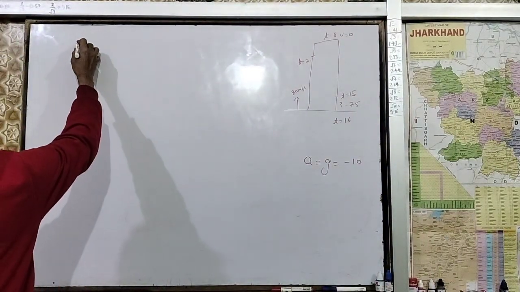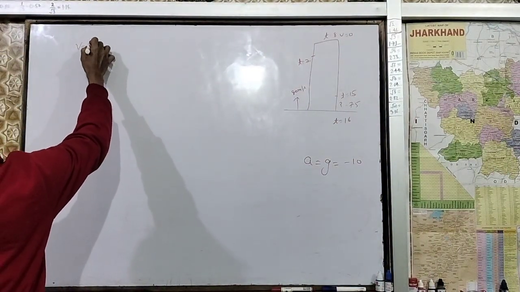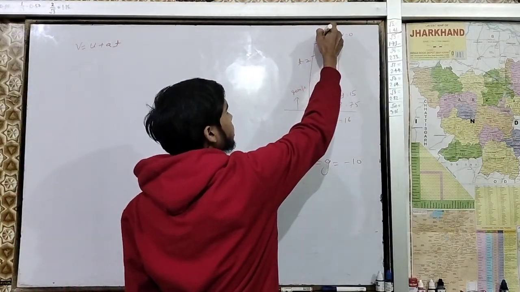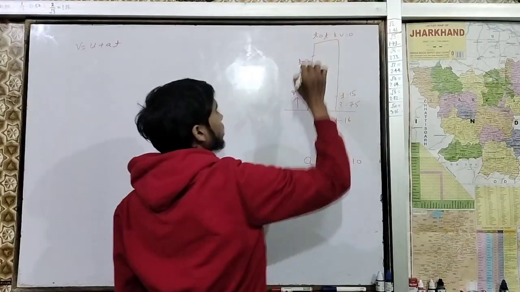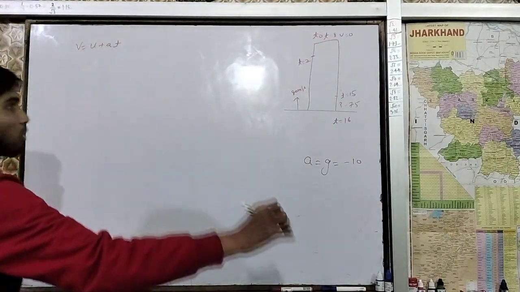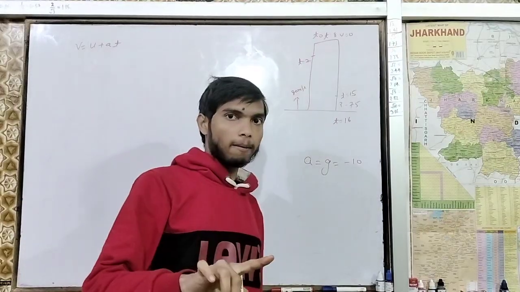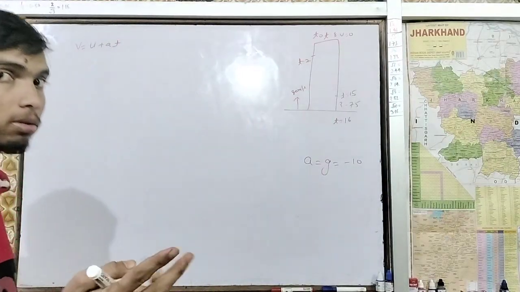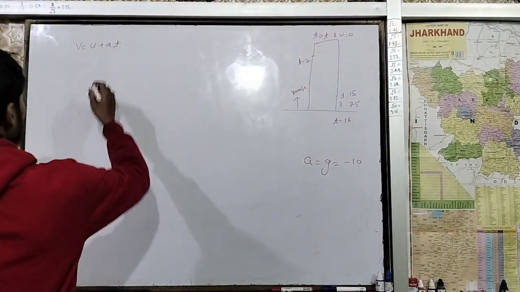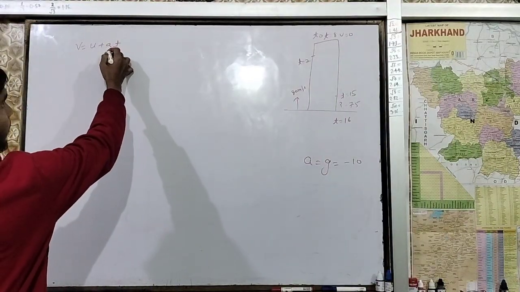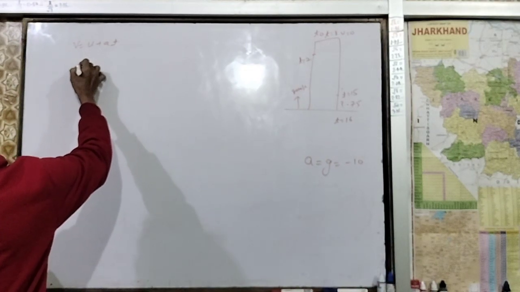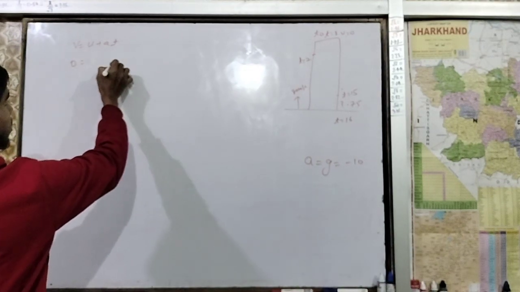I want to say one thing. The first motion equation says v is equal to u plus at. Here we are considering this time as t naught. Just replace a by g, because the value of a is equal to the value of g.